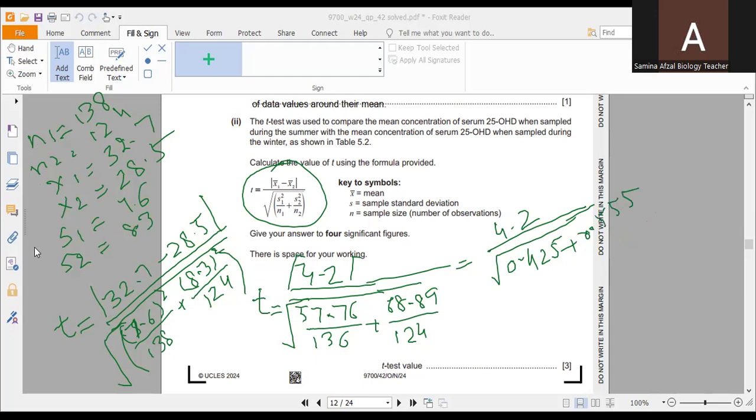So after this, it is 4.2 under root 0.98994, and at last it is equal to 2 point.